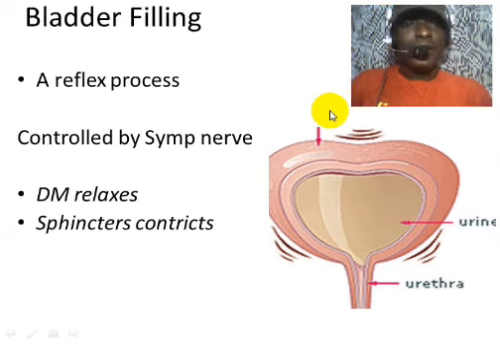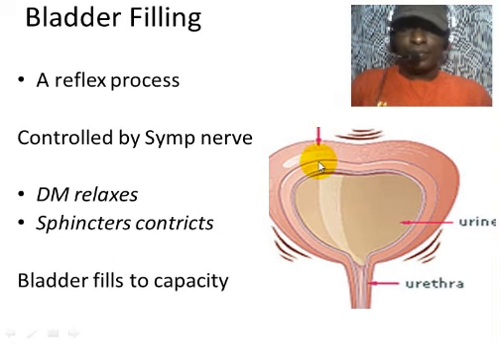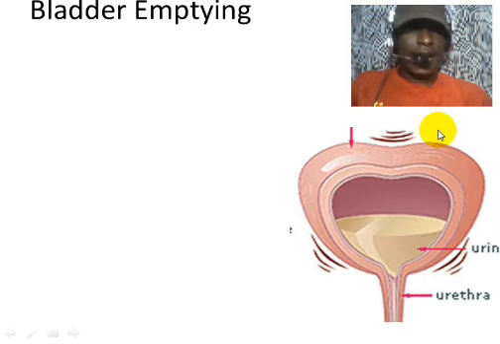These are the major roles of the sympathetic nervous system. Now when the detrusor muscles of the bladder relax and the sphincters are constricted, it means that the bladder fills to capacity. Okay, bladder emptying.